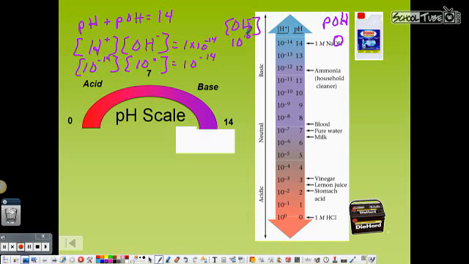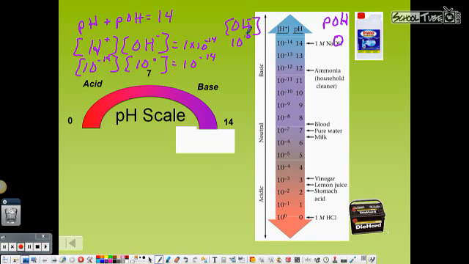10 to the minus 14 is an extremely little bitty number, right? We got a point and 13 zeros and a 1 there. So it's a really little bitty number. So we have a whole lot of OHs and not many H's. With me?